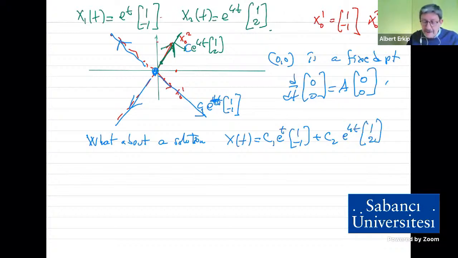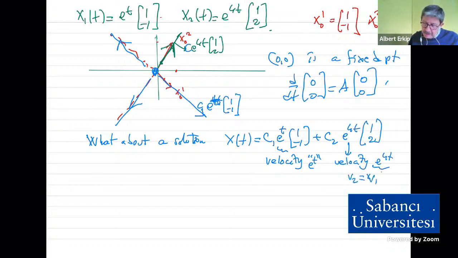So you could draw arrows, but here the velocity is e to the t, and here the velocity is e to the 4t. So v2 is v1 to the power 4. So over here, I'm going faster.